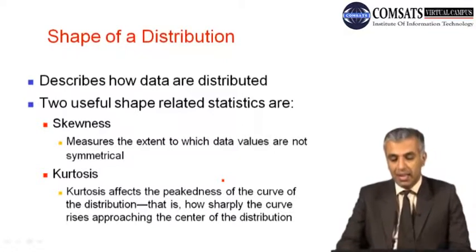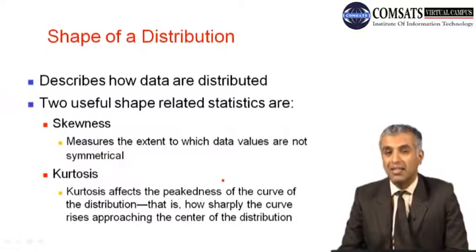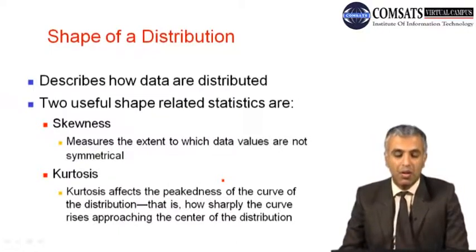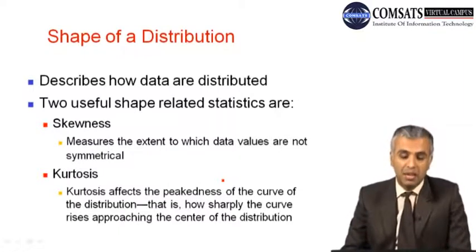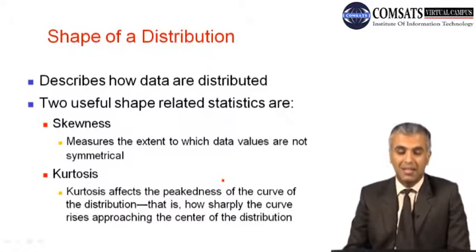Now skewness basically represents the way and the extent to which the values are not symmetrical in this case, and kurtosis basically gives us the peak of the curve of the distribution. So basically it's more related to the curve of distribution, that how much it is at peak here.